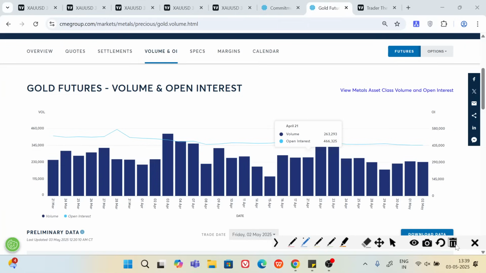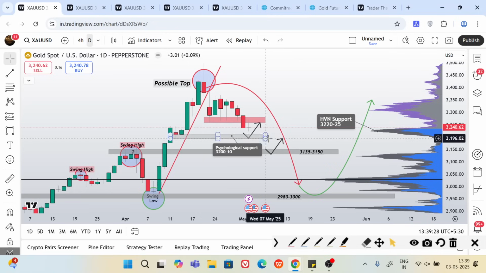Now let's move on to the price action, and we are going to start with the bigger picture, that is the daily time frame. On the daily time frame, we are going to discuss this chart that I have already shared many times in my TradingView profile and Telegram channel.